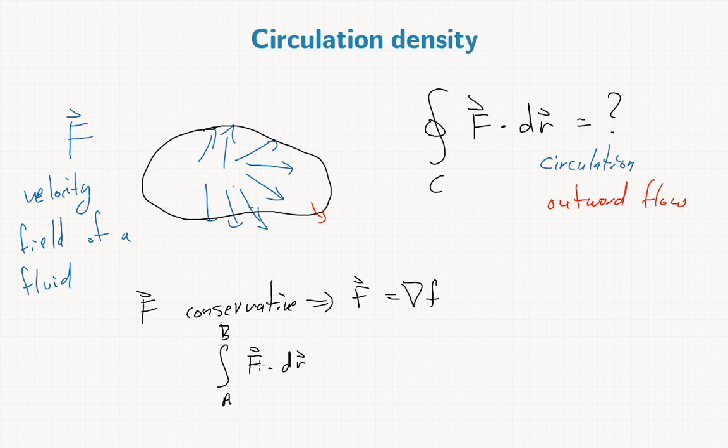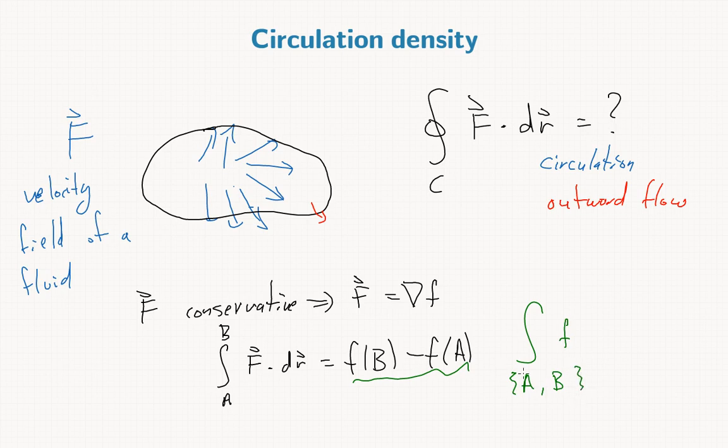Then the integral of F from A to B is f of B minus f of A. And it's useful to think of this as the integral of F over a 2-point set A and B, where we specify orientations.